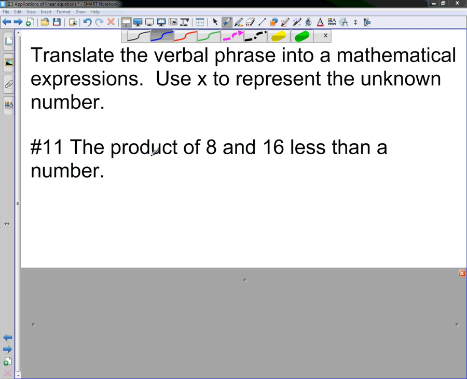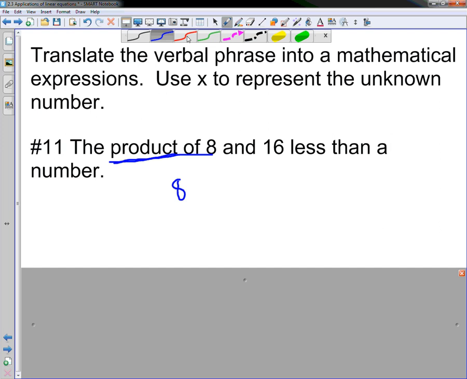Okay, so we have the product of. The product tells us that we're dealing with multiplication. So we have the product of 8 and, so we have 8 times the second part.